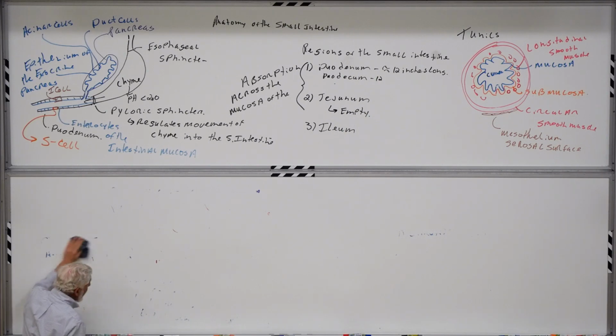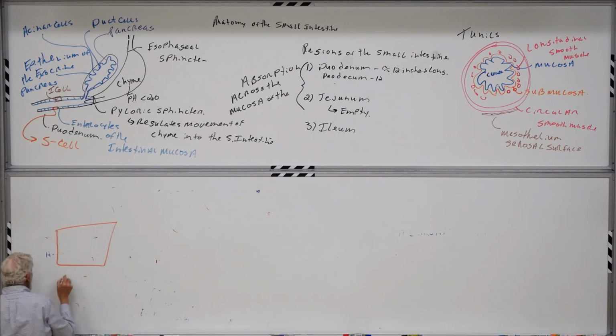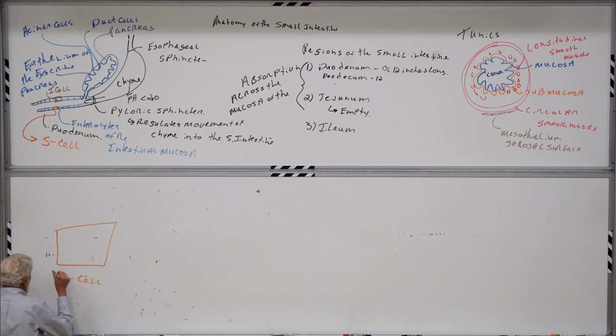So when the chyme comes in, what the S cells do, I'll draw this as an S cell. It's meant to be an S cell. It sits on a basal lamina. It's a mucosal cell. It's an epithelial cell, so it has a basilar region. And it has an apical region.